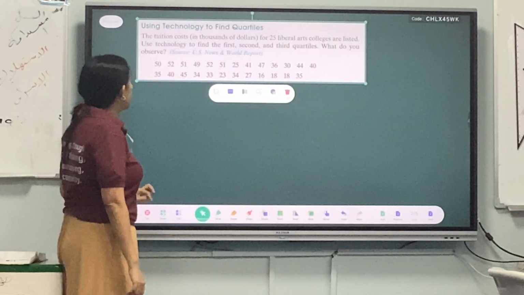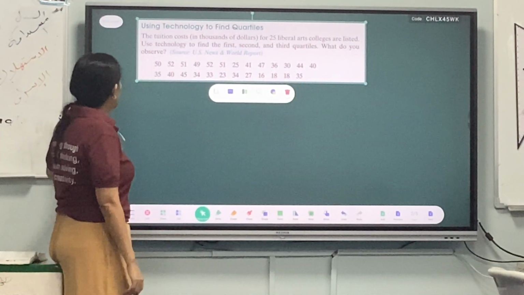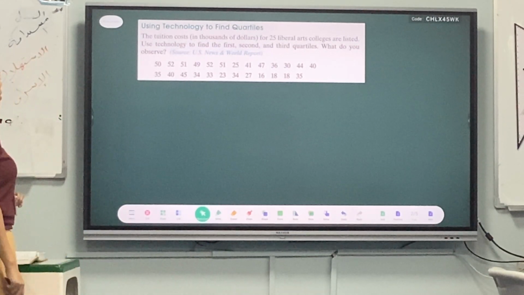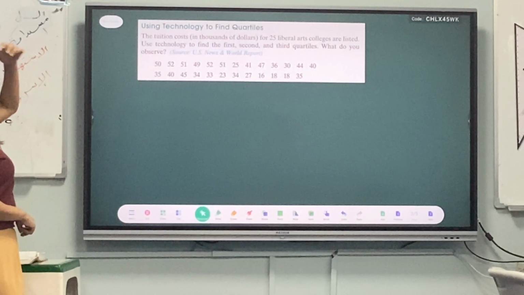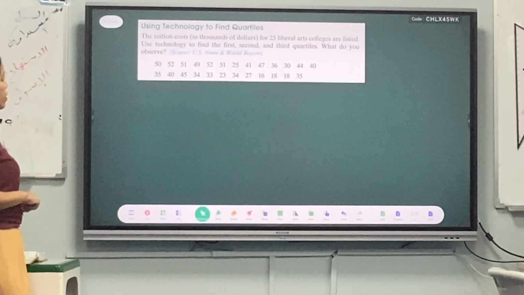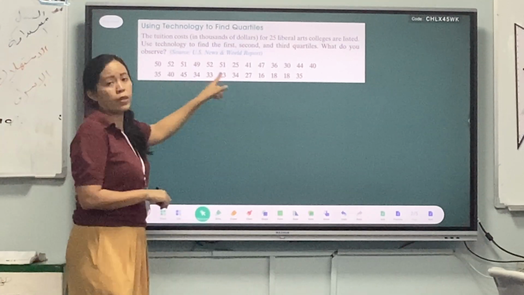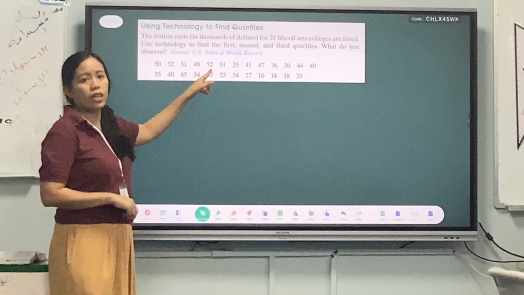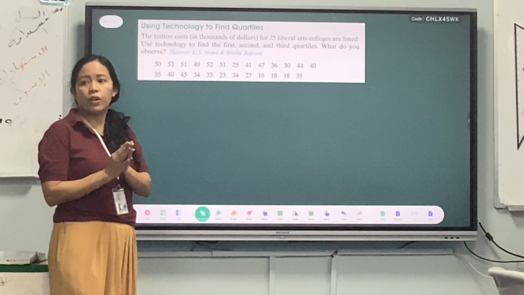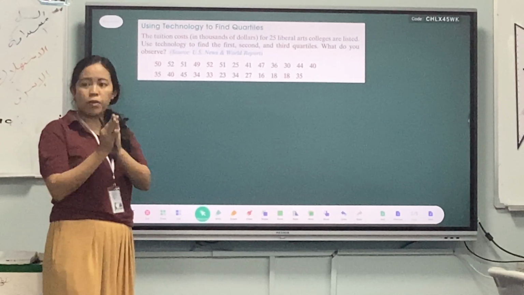Ibrahim, will you please read? The tuition costs in thousands of dollars for 25 liberal arts colleges are listed. Use technology to find the first, second, and third quartile. What do you observe? In this type of question, the first thing you do is order the data, then find quartile 2, which is the median.